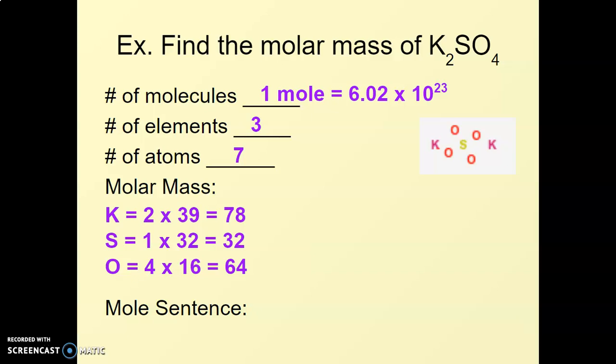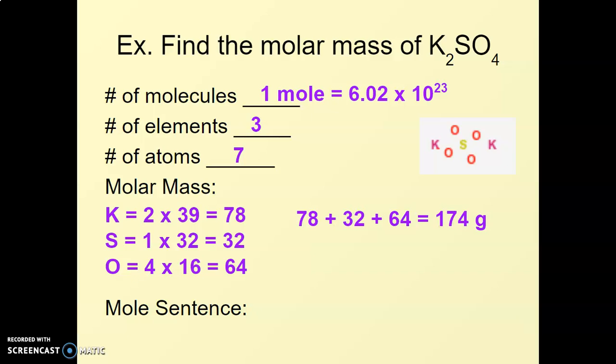For sulfur, the periodic table tells us that the mass is 32. You only need to multiply that by 1 because there's just 1 atom. And then oxygen, the molar mass is 16. Multiply that times 4 because we have 4 oxygen atoms for a mass of 64. And then all you need to do is add all of those up to find your total molar mass, in this case being 174 grams. Remember, it's always going to be in grams.